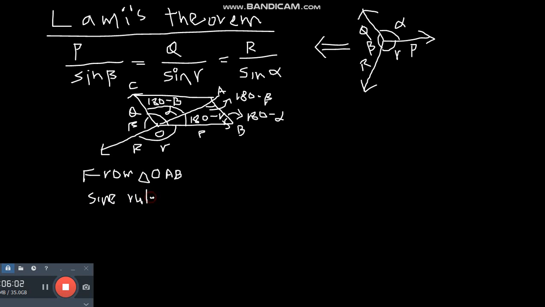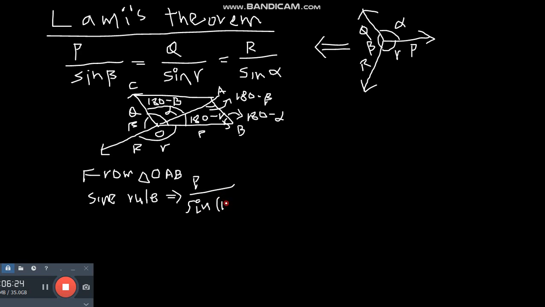The sine rule gives P divided by sine of the opposite angle.